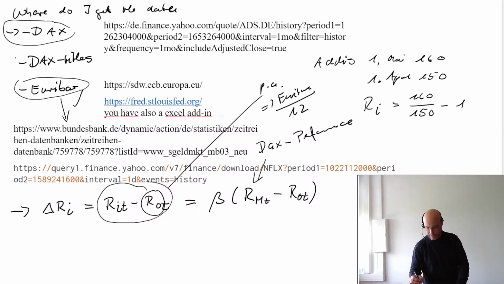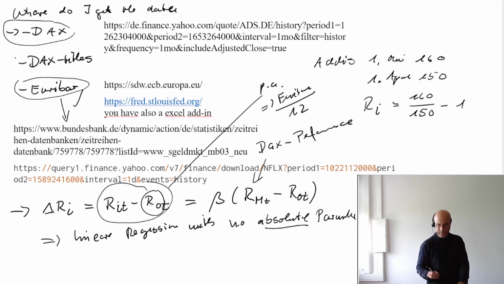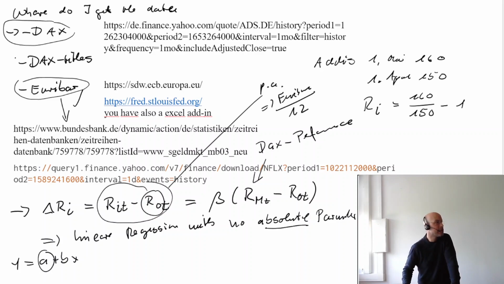And then, of course, this with linear regression, but we will talk about this next week. With no absolute parameter. So in general, our linear regression is y = a + bx, but now we have no a in our case. We just assume that our a is here 0.